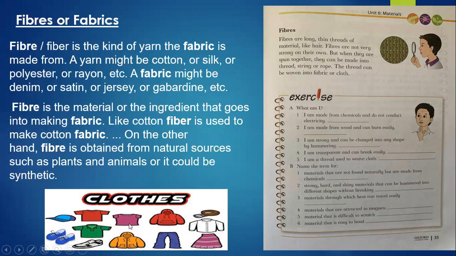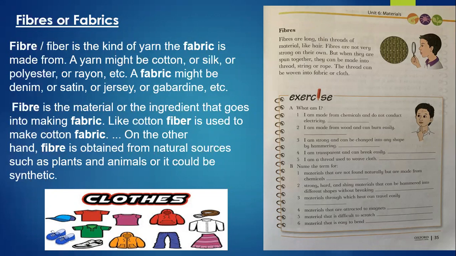They are all made from fibers or fabrics. From fibers, we get the fabrics. Then from the fabrics, we get our clothes and other things like your bed sheets, your sofa covers, your towels, hats, socks.